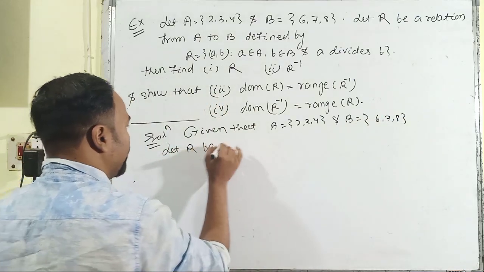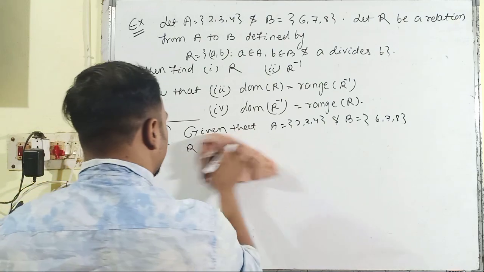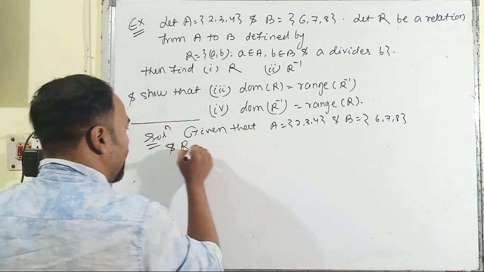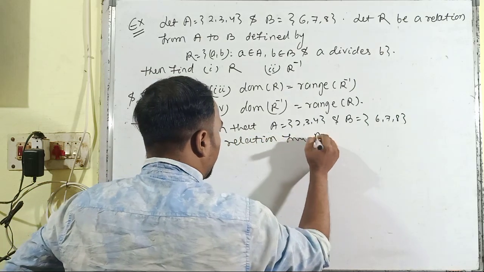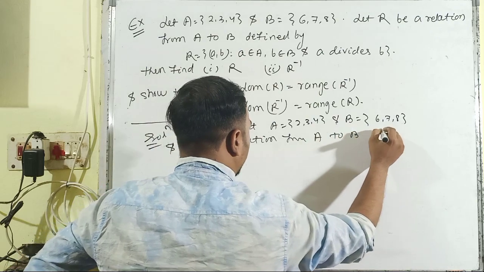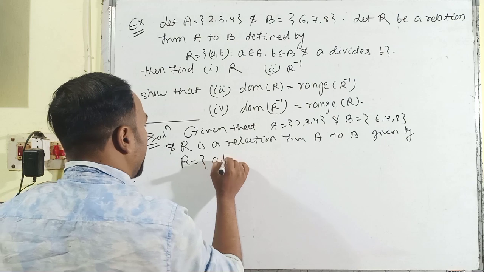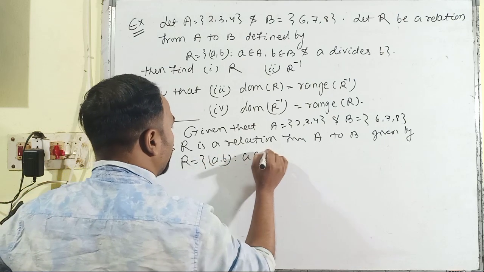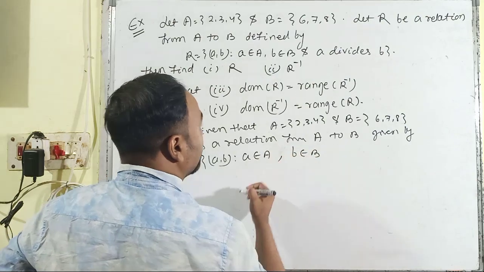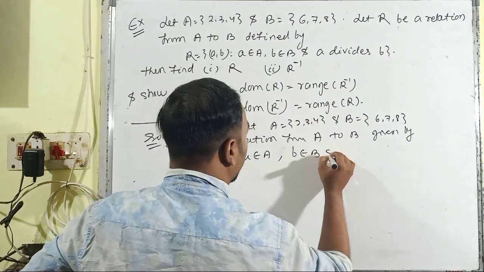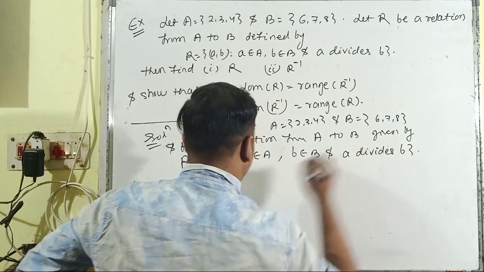Let R be a relation from A set to B set given by R is equal to the ordered pair (a, b) such that small a belongs to capital A and small b belongs to capital B, and the given condition is a divides b. That means the first element divides the second element.